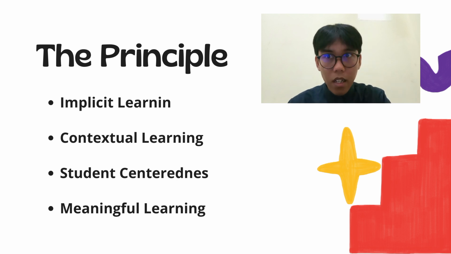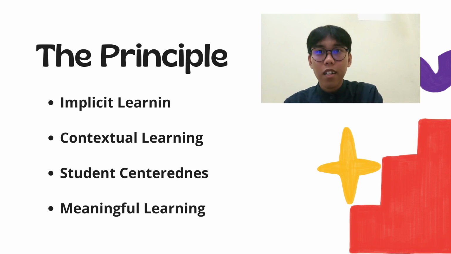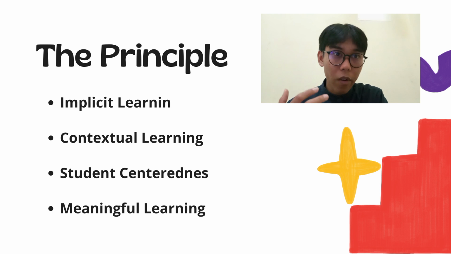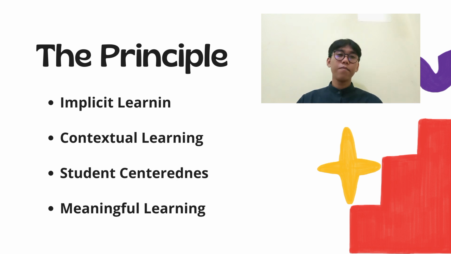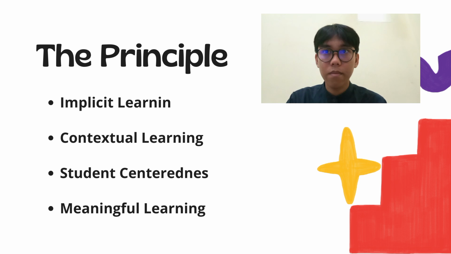For example, when learning vocabulary about food, the teacher creates a role play activity where students act as buyer and seller. They use prices, like "I want an apple," and then "How much is the banana?"